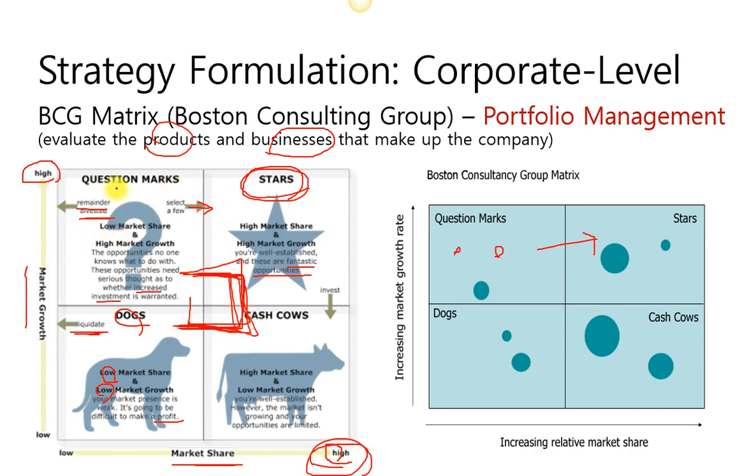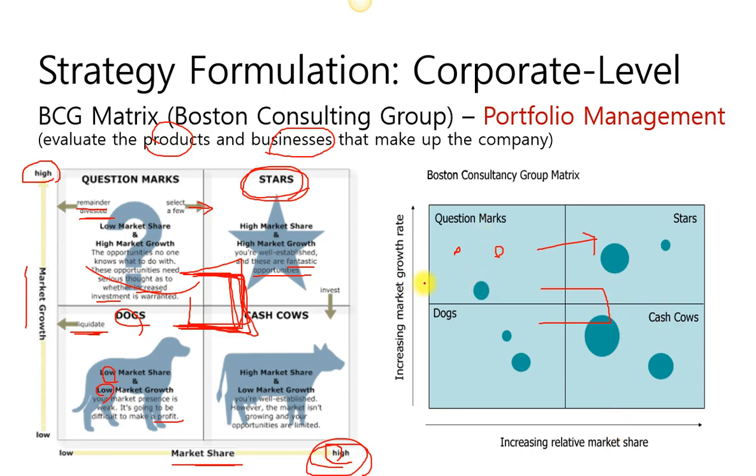You have some companies here, question mark. It becomes a star, but because not all markets can grow forever, it becomes a cash cow. After becoming a cash cow, it can become a dog, right? When your market share decreases and the growth decreases, then you just have to leave the market. So it can go through the cycle like this.